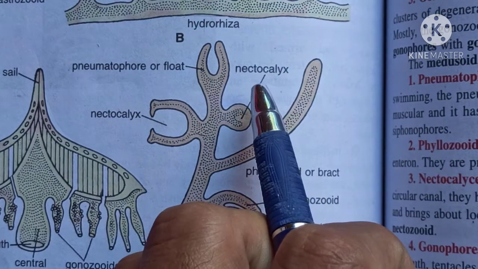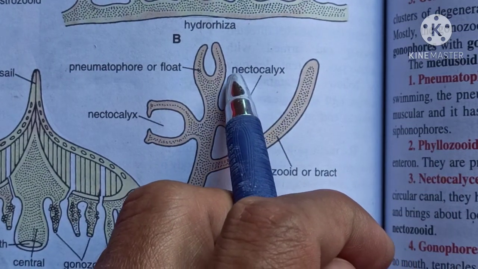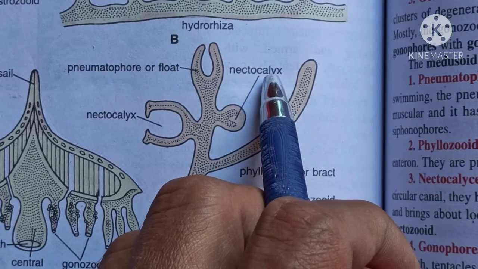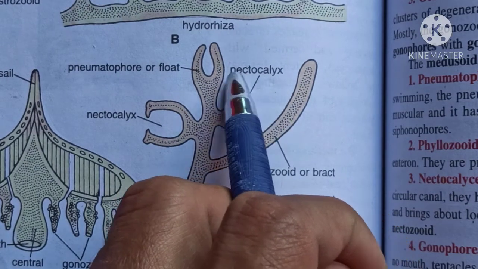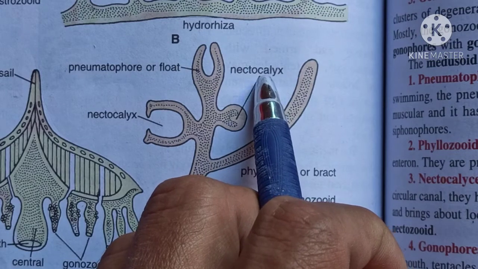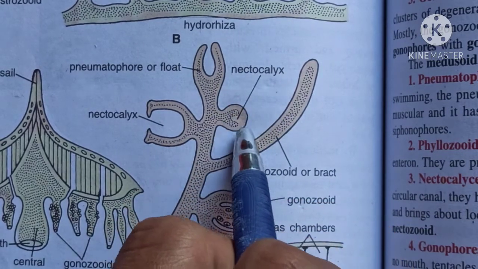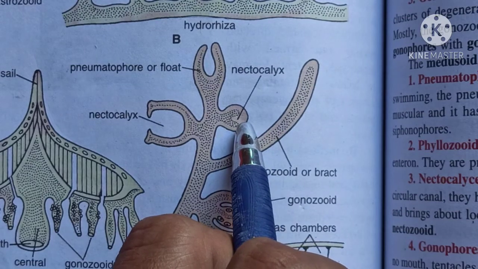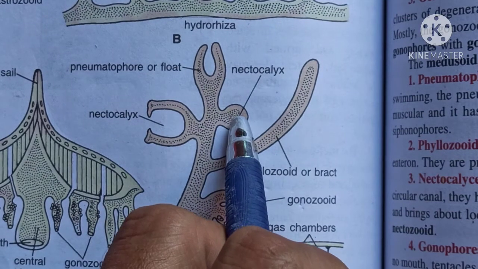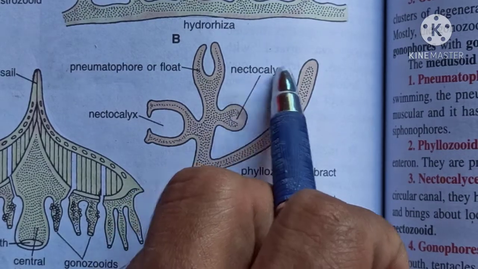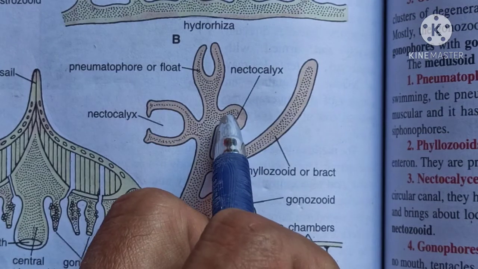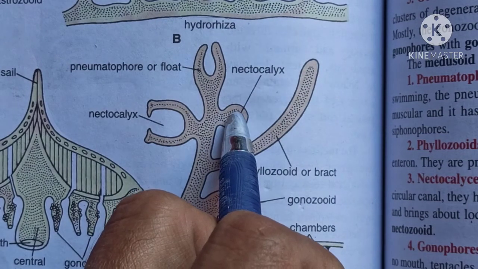So let us study the first one. The first modification of medusa is nyctocalyx. It is also called nyctophores, and you can see that it is bell shaped. There is no mouth and tentacles. Mouth and tentacles are absent. The important function of nyctocalyx is that it helps in locomotion.